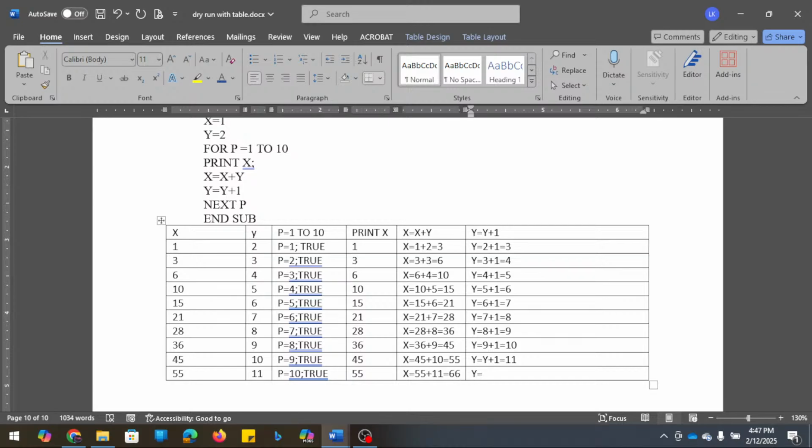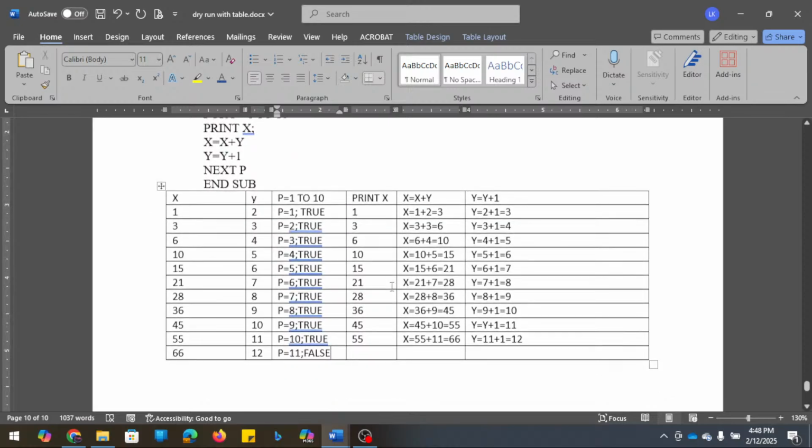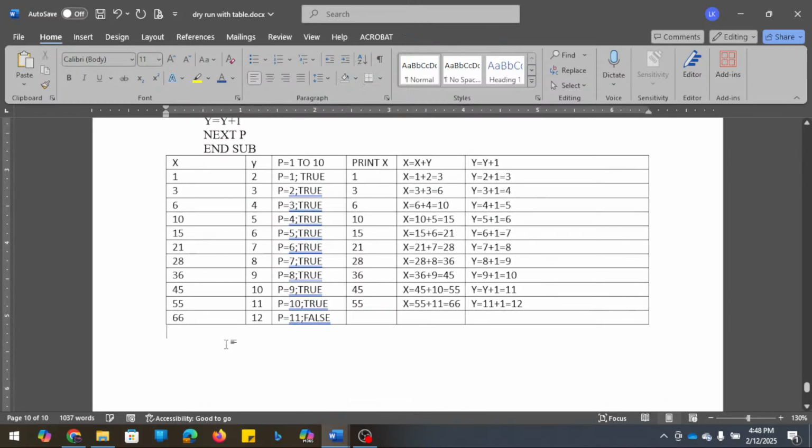Y equals 12. So now x becomes 66, y 12, p equals 11, so it becomes now false. So the output is it.